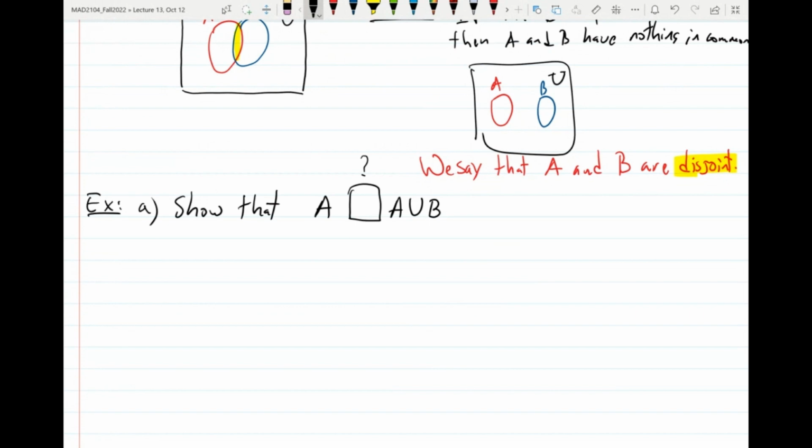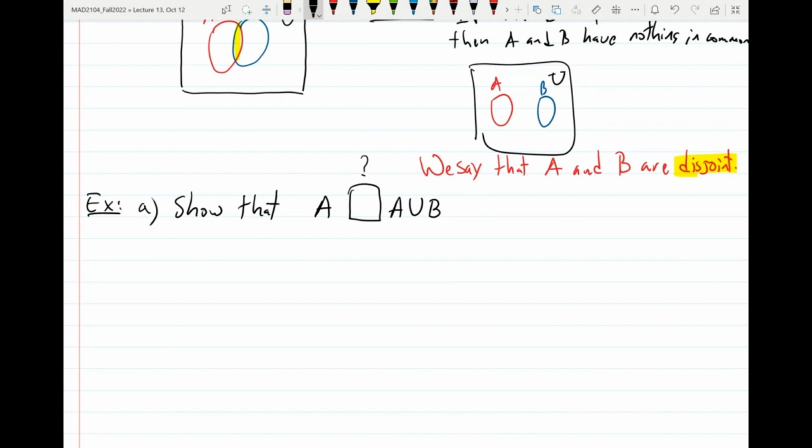For all. Doesn't make sense. For all is for when you have predicates and stuff. These are sets. So what symbol do you know about sets? You know the equal symbol, the subset symbol, the proper subset symbol, the Cartesian product symbol. You know several symbols now that allow you to have sets on the left and on the right. Which one do you think it should be? I'm asking you to show that.